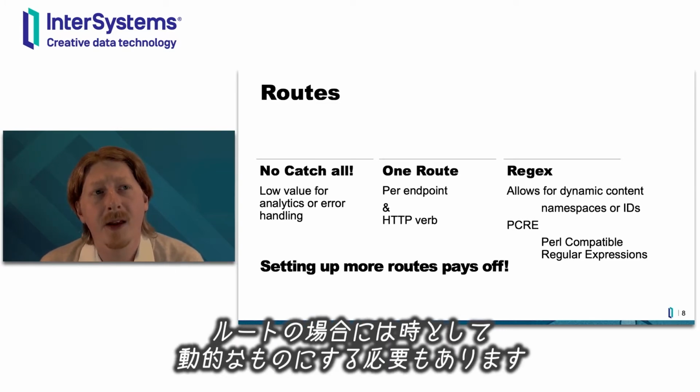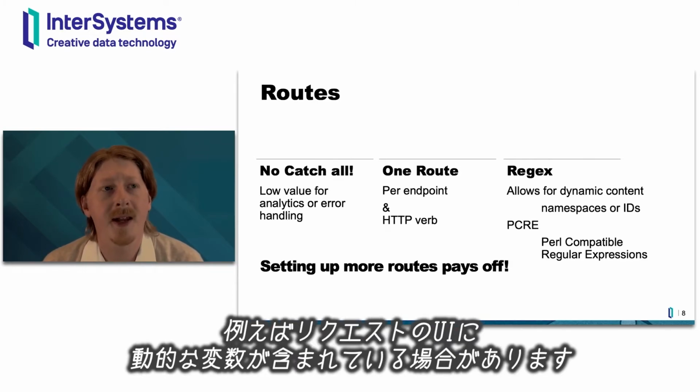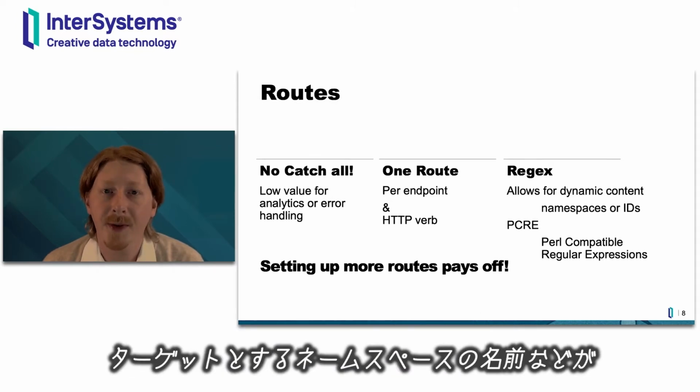The other thing that you have to have in mind, sometimes your routes have to be a bit more dynamic. Let's say a very common use case is that the URI of your requests includes a dynamic variable, like, let's say, the name of the namespace that you're targeting.